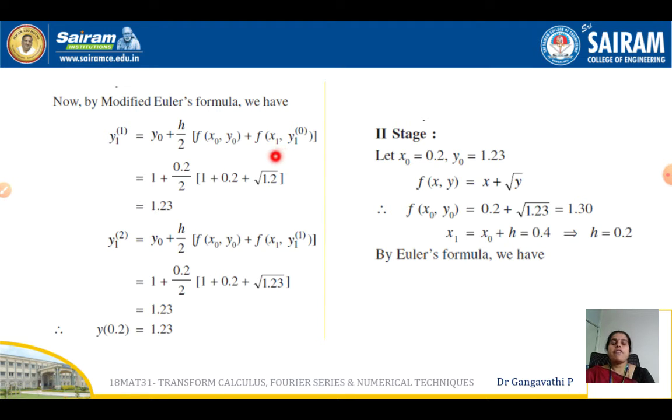Here the function f of x comma y is x plus root y. The x is to be replaced by x1 and y is to be replaced by the value we have evaluated, that is y1 at 0th approximation. When we evaluate it, we get f of x1 comma y1 as square root of 1.2. On substituting all these things, the y naught value, h value, f of x naught y naught, f of x1 y1, we get y1 in the first approximation as 1.23.